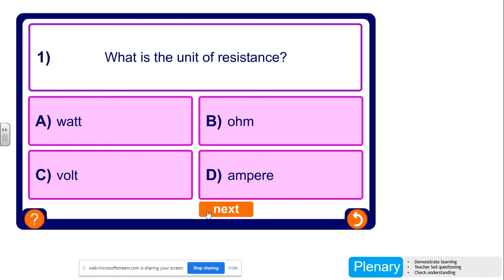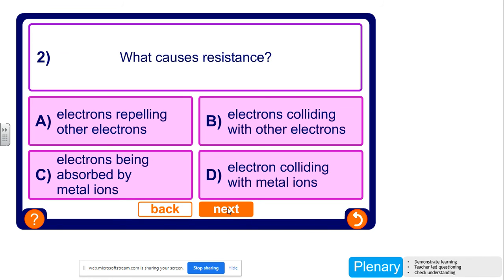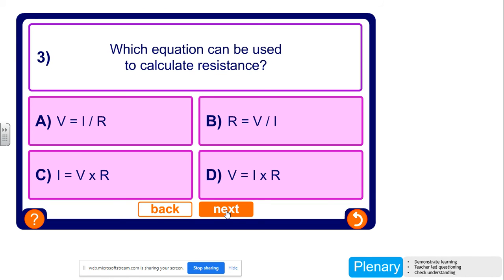Let's start. Unit of resistance? Ohms. Good. Next one. What causes resistance? Is it that one? Yes, electrons colliding with metal ions or metal atoms. Next one. How do we calculate resistance?